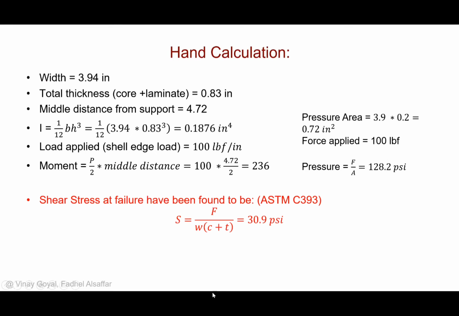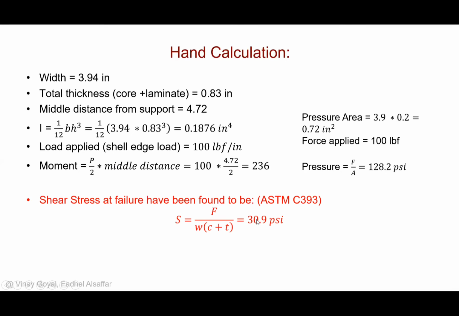And one of the things that has been done as well, this is the formula that we've taken from ASTM C393, in which the total force applied here divided by the width times the cross section of the core plus the lamina, that's C plus T. This will give the shear stress or the transverse shear on the core.